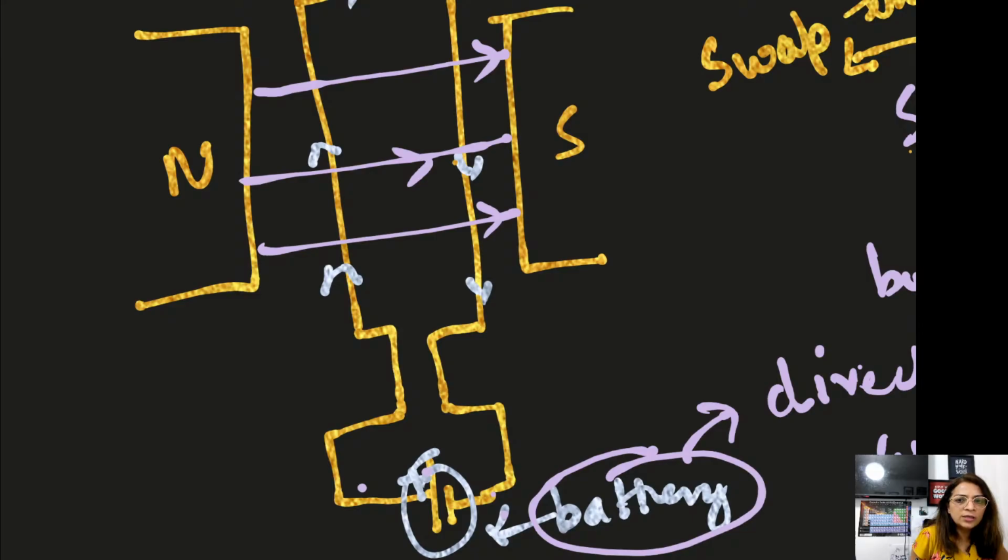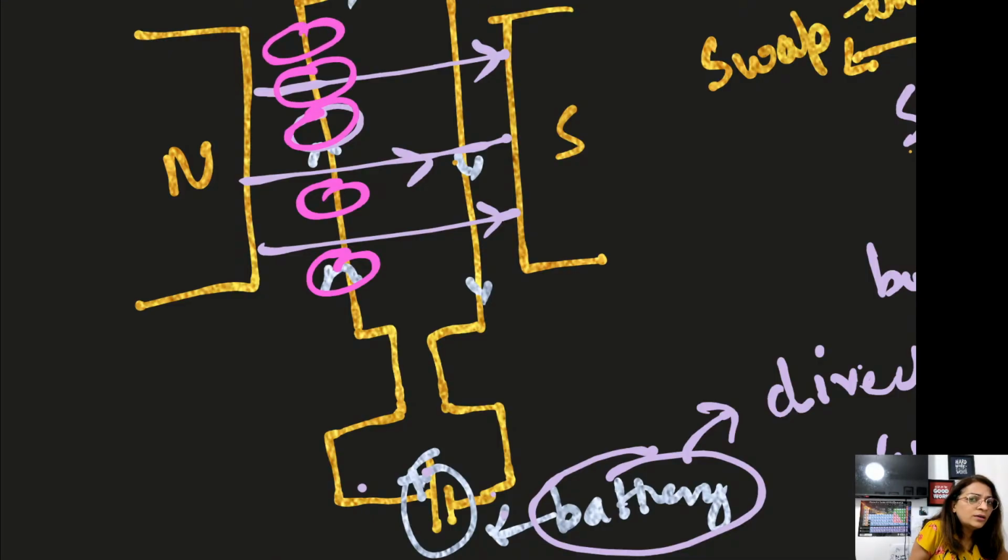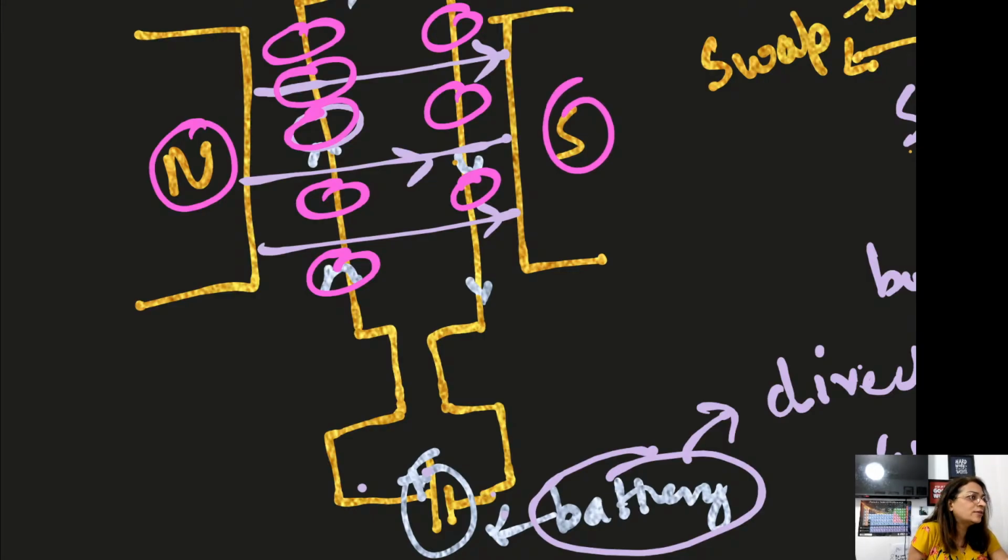There is a magnetic field around the current carrying wire. Around the wire there is a magnetic field which you cannot see, due to the flow of current. You know this, guys, right? A magnetic field due to the flow of current in the wire. And one magnetic field is due to the permanent magnet, and they both interact.